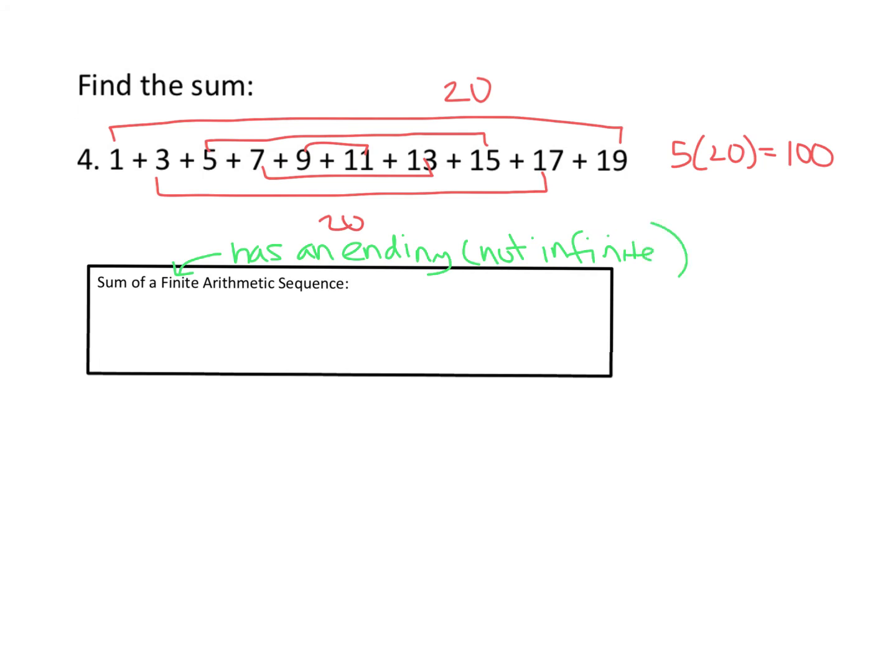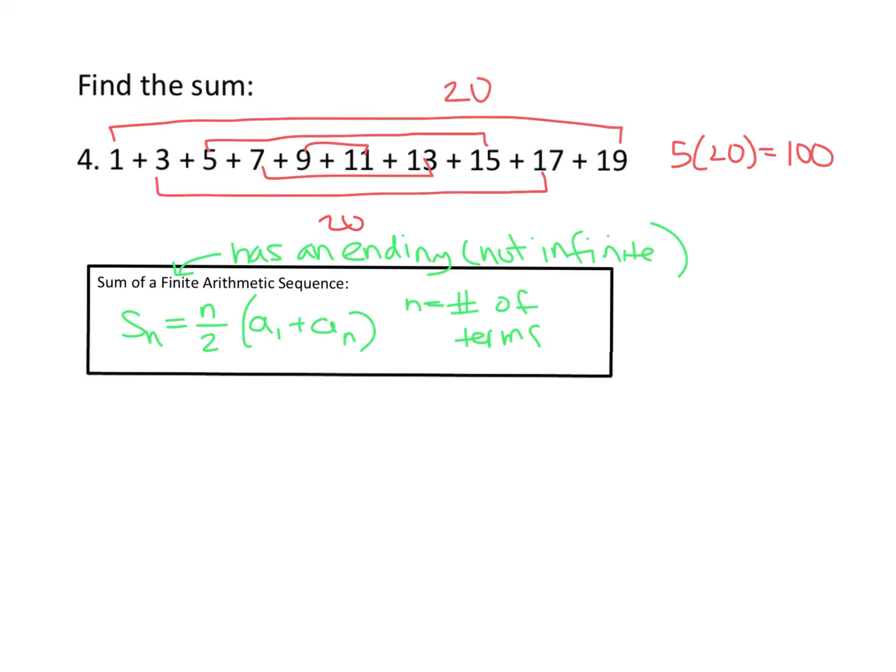So the sum of a finite arithmetic sequence is going to be written out with this formula right here. So it's S sub n is equal to n over 2 times my first term a1 plus my last term an. And n is equal to the number of terms. So I do want you to notice that we actually use this formula up here.